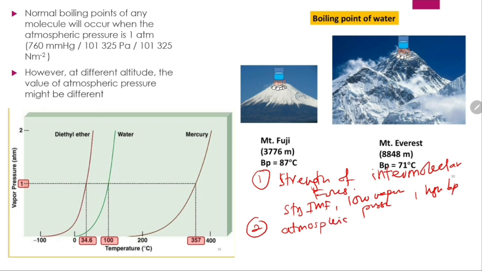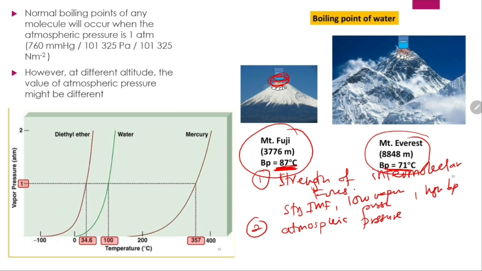Okay, so the value of atmospheric pressure is a fixed value, but it depends on the altitude or the location of that place. For example, at the top of Mount Fuji, it will have a different value of atmospheric pressure compared to Mount Everest. On Mount Fuji, water has a higher boiling point compared to Mount Everest, which has a higher top.